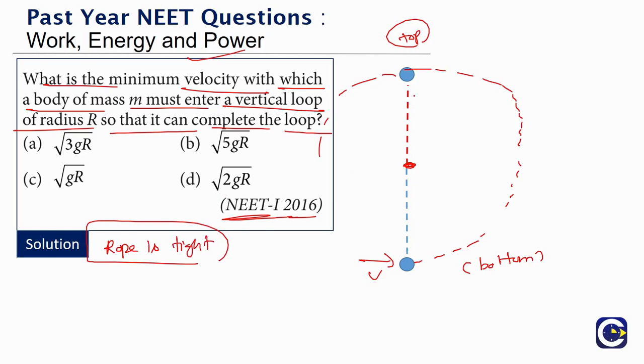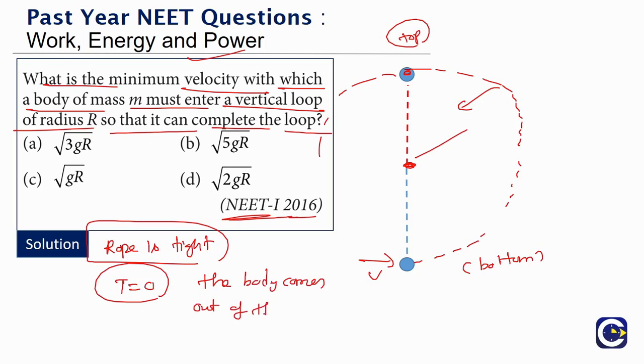Means what? The rope that is connecting the body to the center, if that is tight, means the particle is still in the circular path. If it comes out of the circular path anywhere, means what? The rope becomes slack. So whenever the tension becomes 0, that is when the body comes out of the circular path.